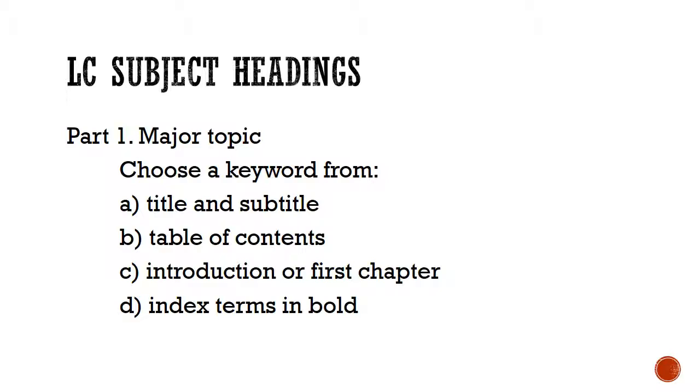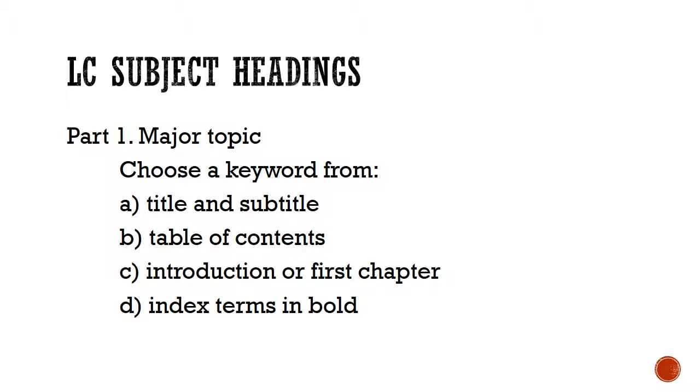So where do we look for the topic? Well, we can choose a keyword from the title or the subtitle. We could look at the table of contents and get some idea about what the book is about. We could read the introduction or the first chapter, and we could also look for index terms in the index of the book.